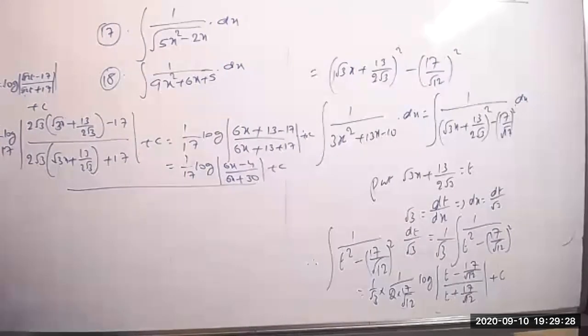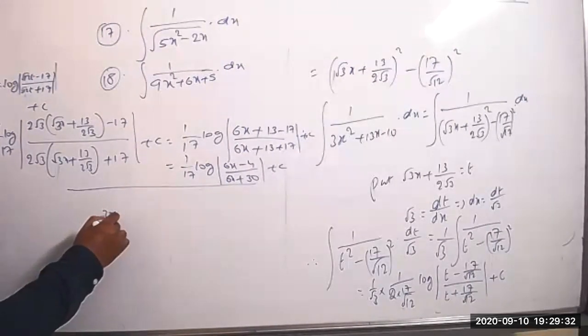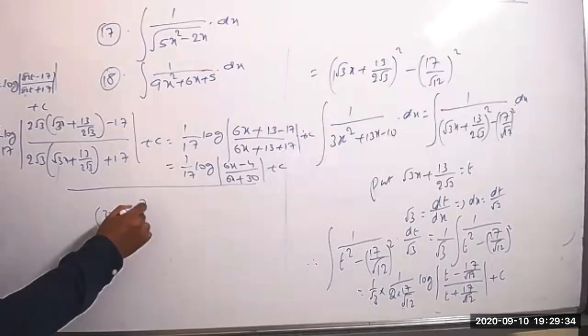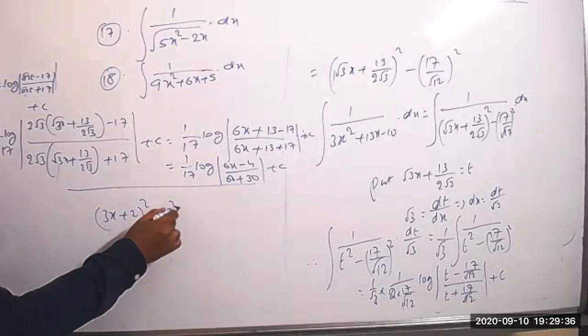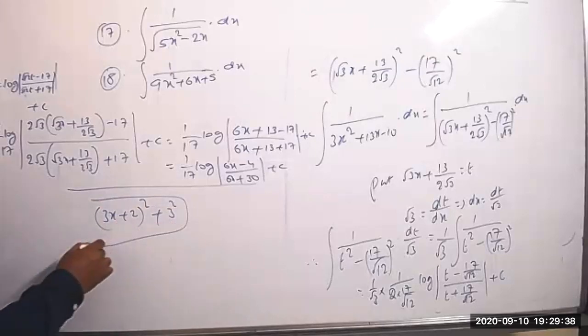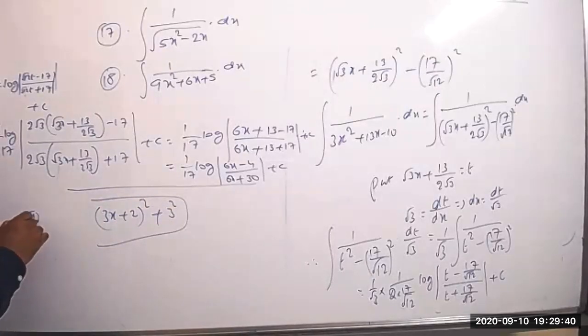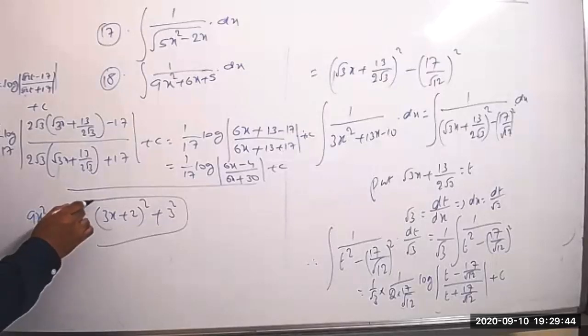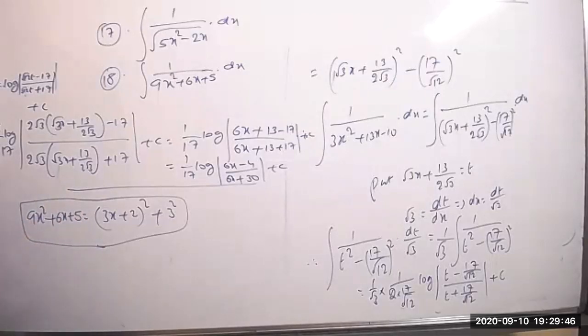I think we got 3x plus 2 whole square plus 3 square. Am I correct? 9x square plus 6x plus 5 is equal to this one: 3x plus 2 whole square plus 3 square.